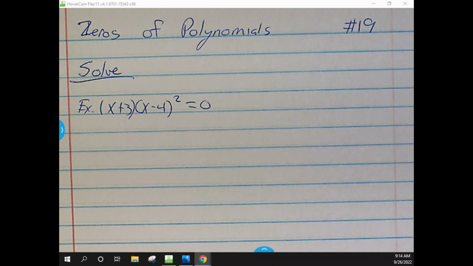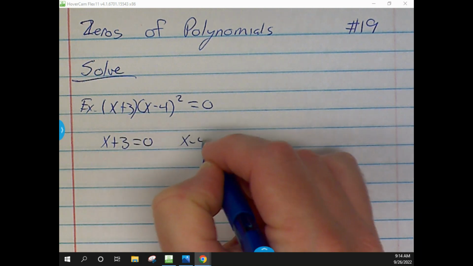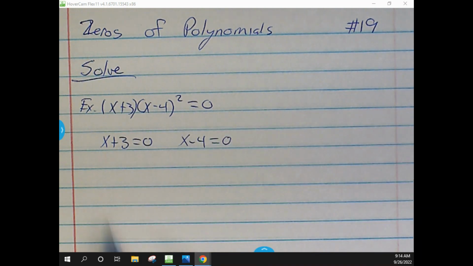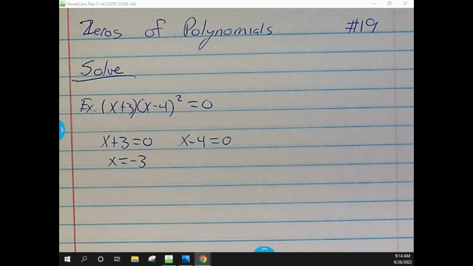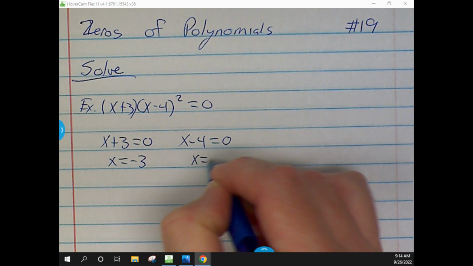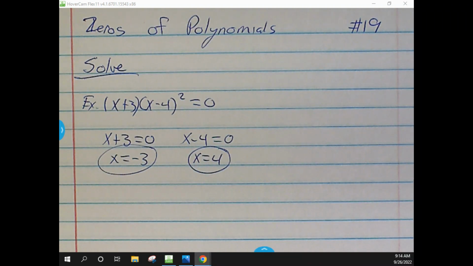Okay, so if it's something as simple as just solve, you're going to take each parentheses equal to 0. And solving should be really easy here, right? Subtract 3 from both sides. This one will add 4 to both sides. So there's our two solutions that we have.